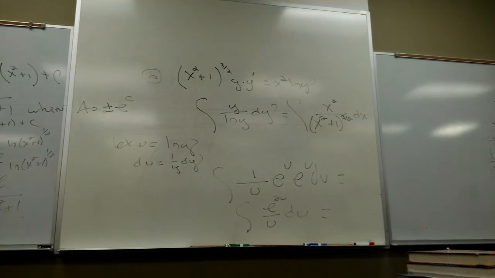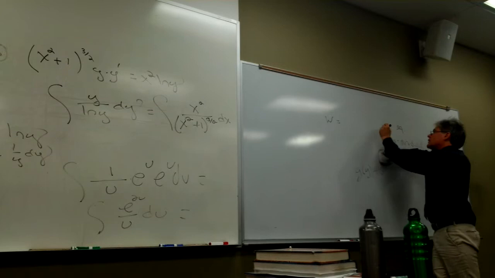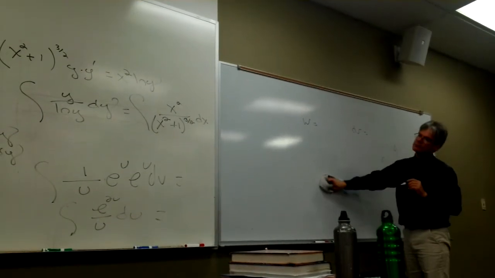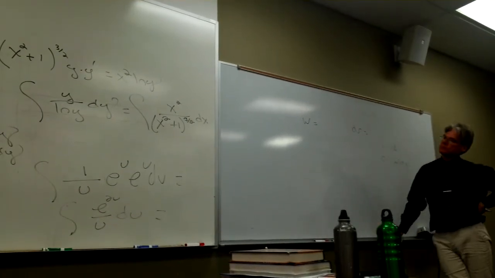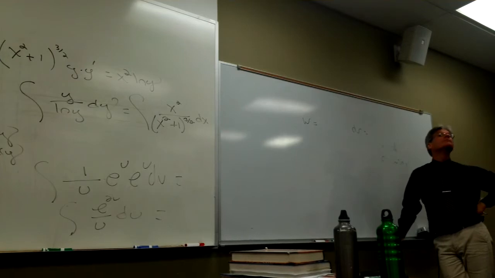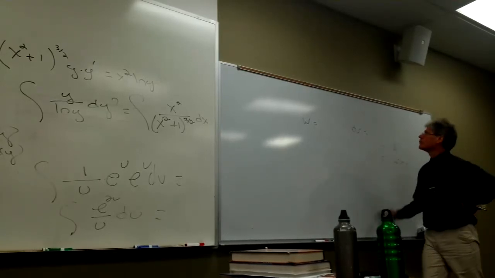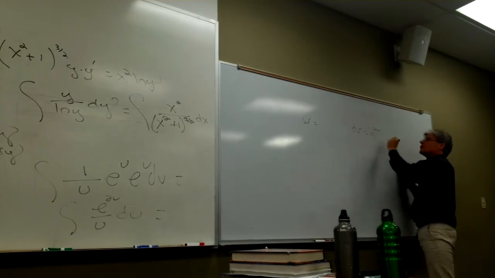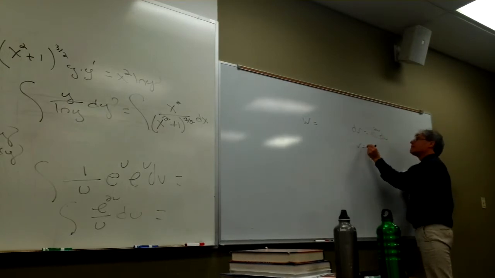Integration by parts? All right, if you're going to try integration by parts at that stage down there, what would your u, or should I say w, be, and what would your dv be? You could let your dv be e to the 2u. Hold it, that's what you said. Let me just carry it along.